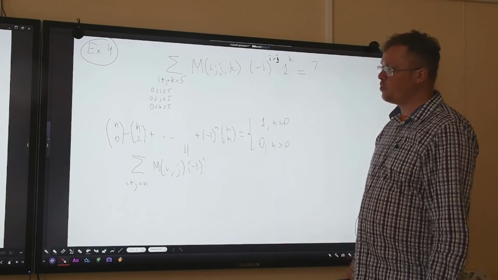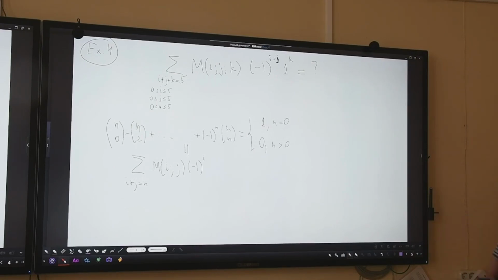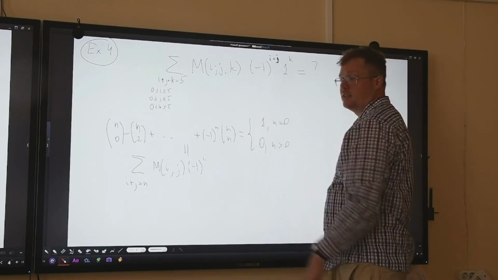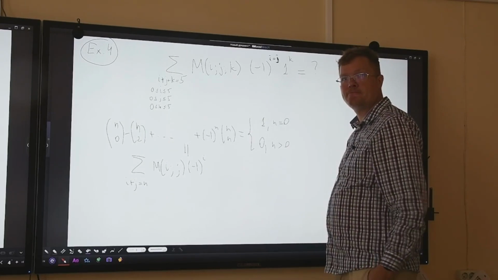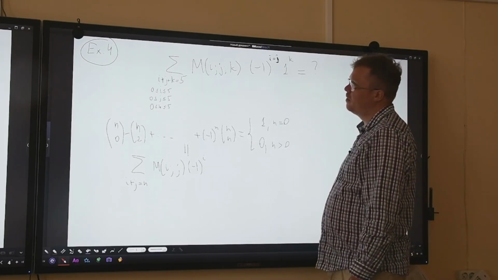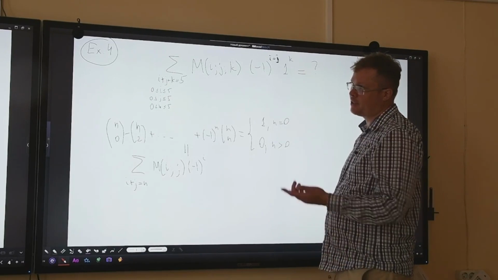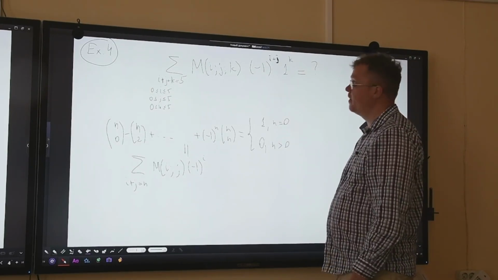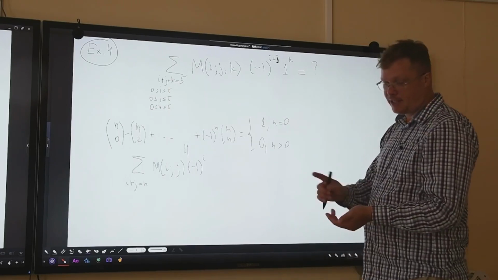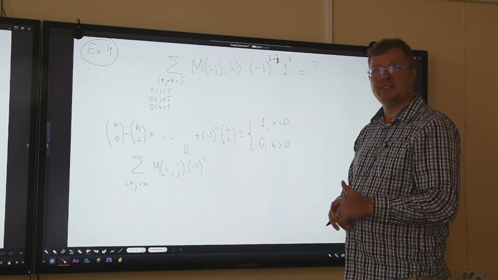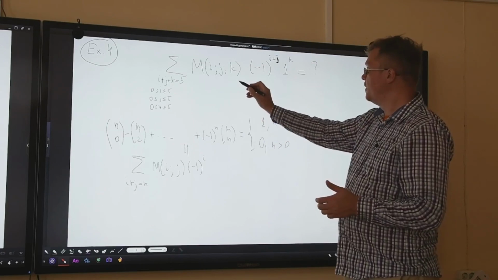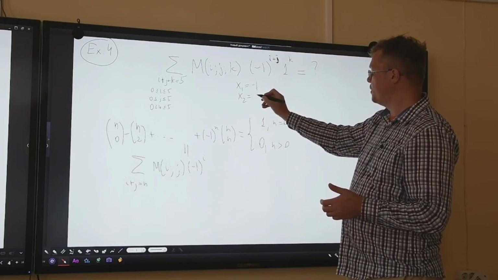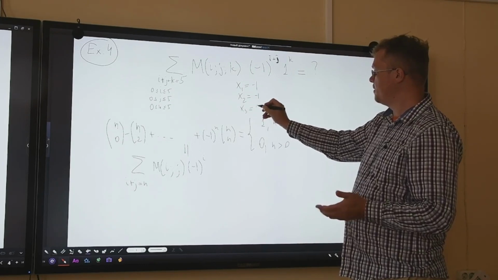What variables do I need to choose? First question: how many variables are there in my multinomial theorem? 3. Okay. So I take x1, x2, and x3. x1 is 1, x2 is minus 1, and x3 is 1, yes?